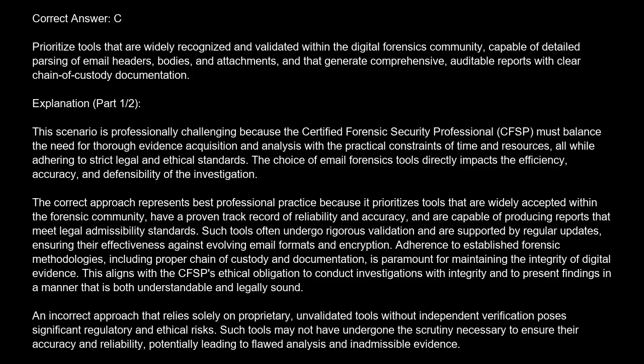Adherence to established forensic methodologies, including proper chain of custody and documentation, is paramount for maintaining the integrity of digital evidence. This aligns with the CFSP ethical obligation to conduct investigations with integrity and to present findings in a manner that is both understandable and legally sound.